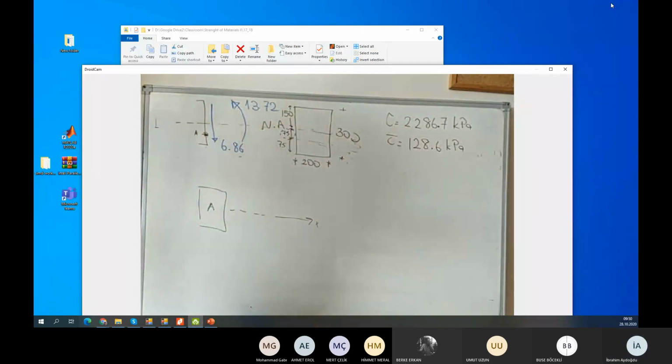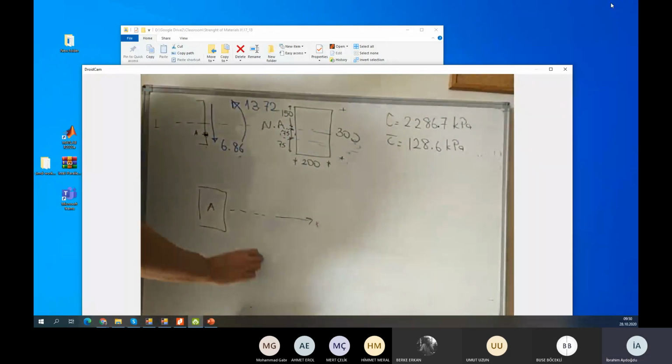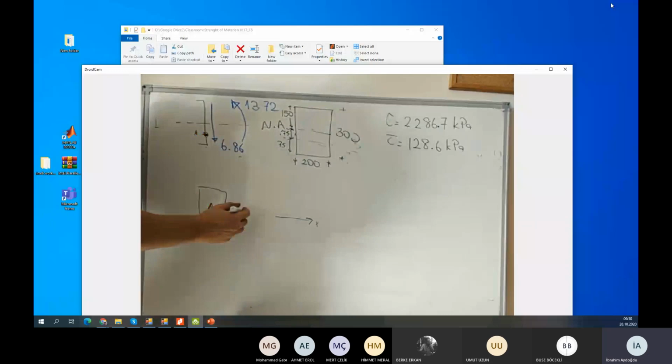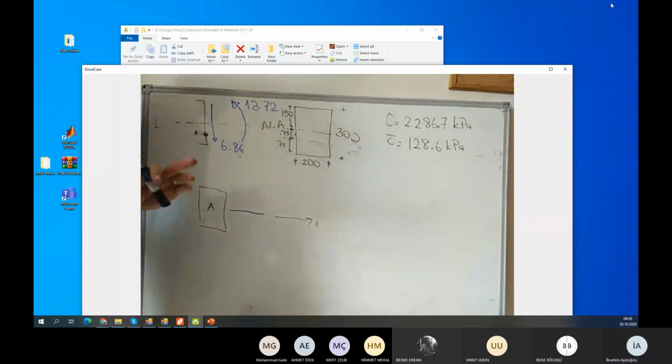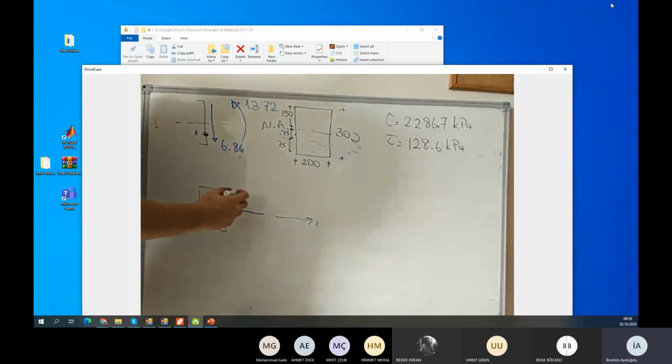Okay. What are the normal values? First of all, I can help you. As normal stress is perpendicular to surface, isn't it? So normal like this. Maybe you recognize that I didn't draw any arrow. I want to write the value 2286.7.